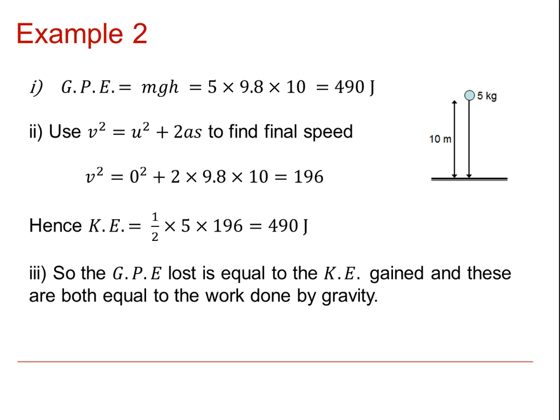We can see that we've actually got a conservation of energy there, from the gravitational potential energy turning into kinetic energy, and indeed it is that we'll be considering in the next video.